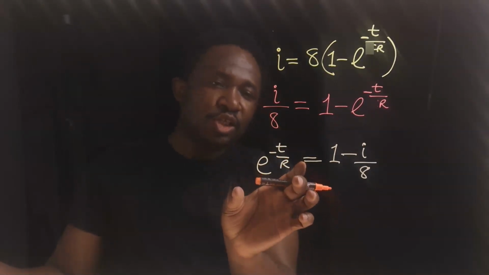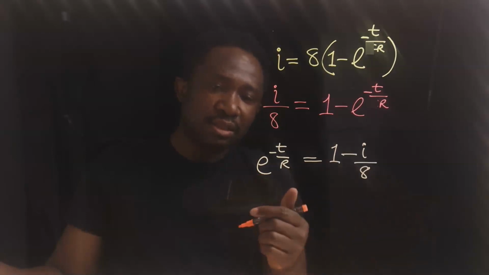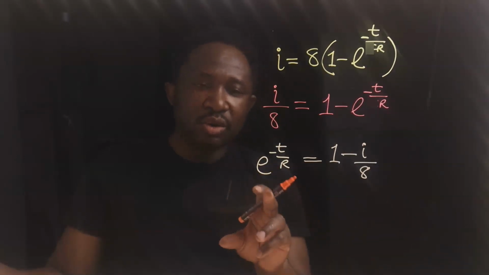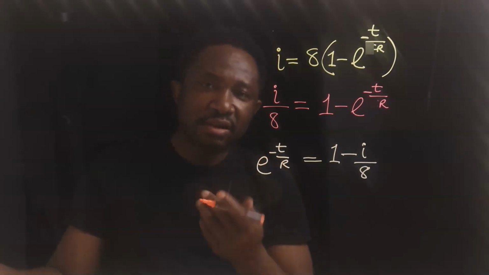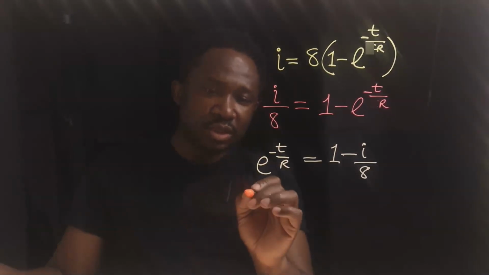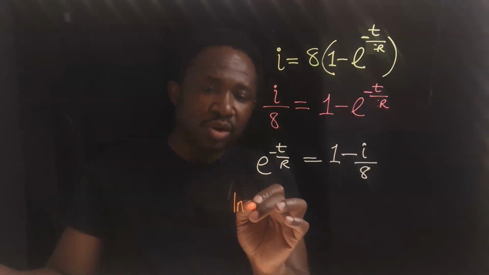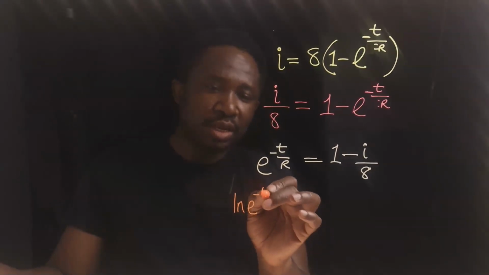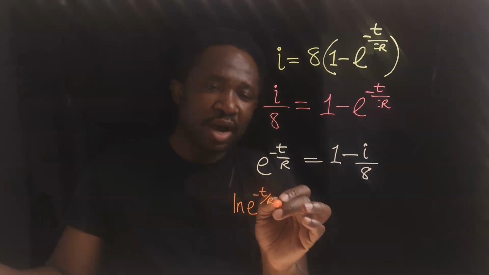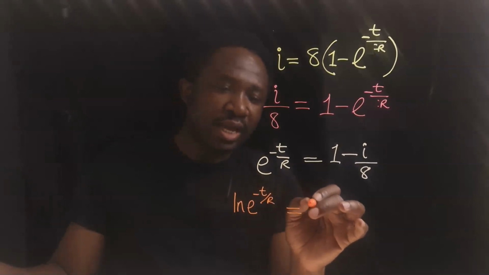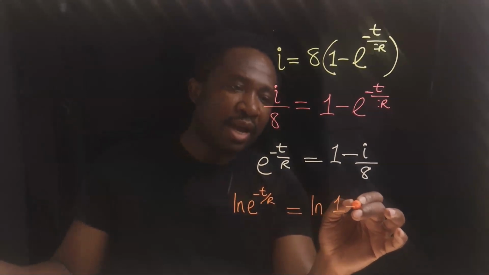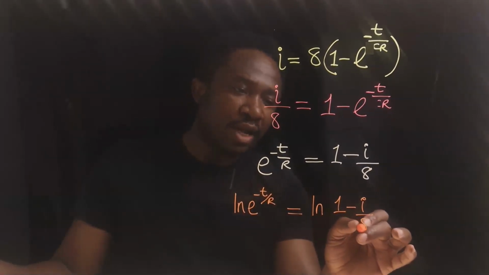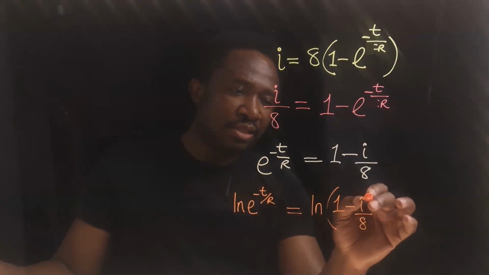We're going to take the natural log of both sides, because natural log will neutralize exponential and vice versa. If we take the natural log of exponential minus t over r, on the other side we're going to take the natural log of 1 minus I over 8 in bracket.